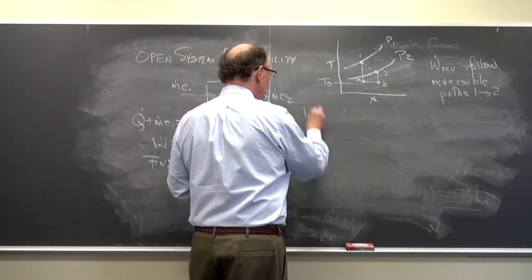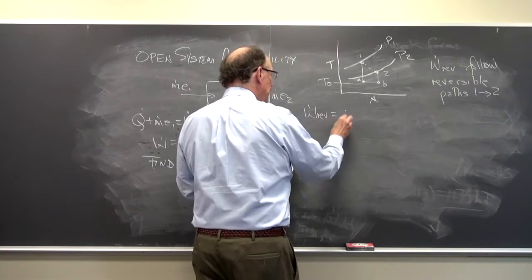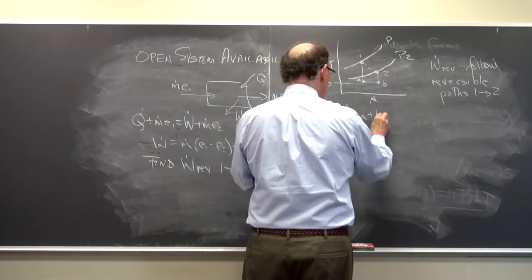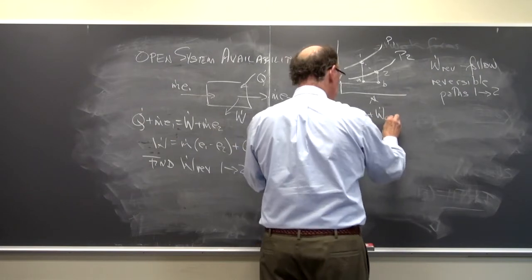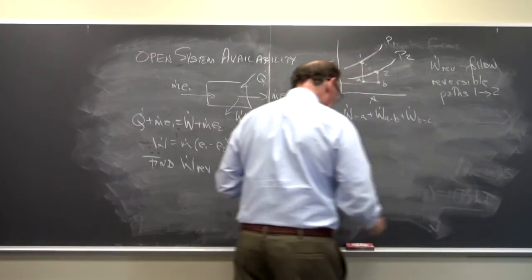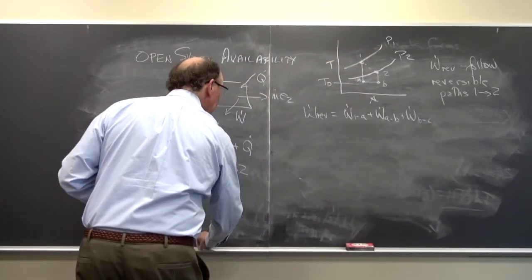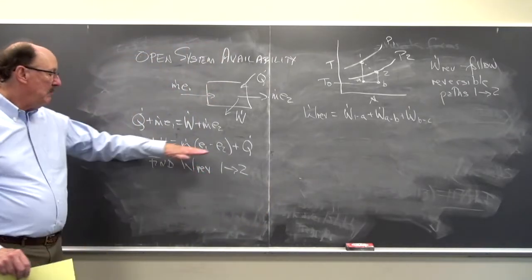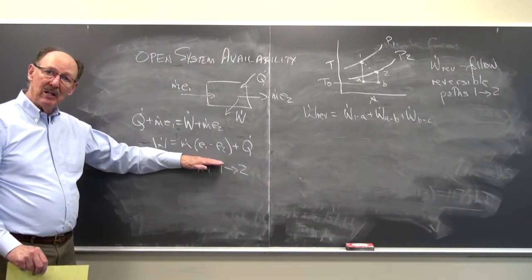So W dot reversible is equal to W dot 1 to A plus W dot A to B plus W dot B to 2. Let's investigate what they are, and we can apply this equation to all of them.